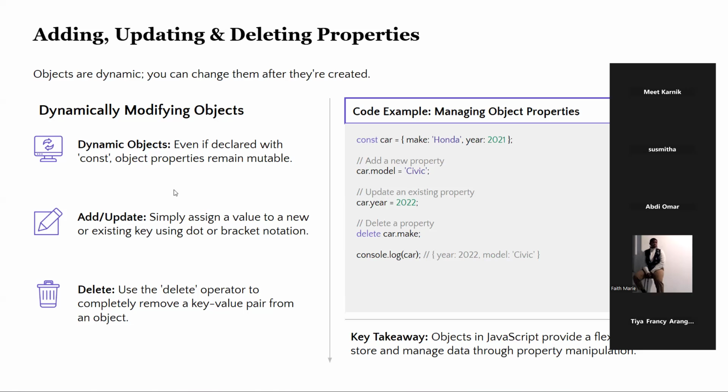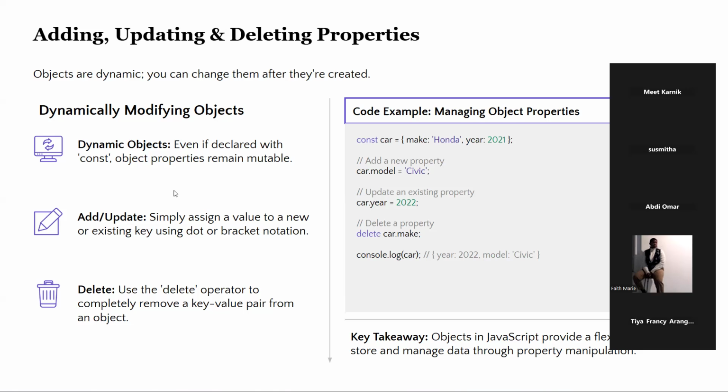So in this example, we start with a car object that has a make and a year. Then we add a new property called model, and we set it to Civic. So now we know that the car object is a Honda Civic and it is probably made in the year 2021. But then we take a look and realize that the car was actually made in 2022.